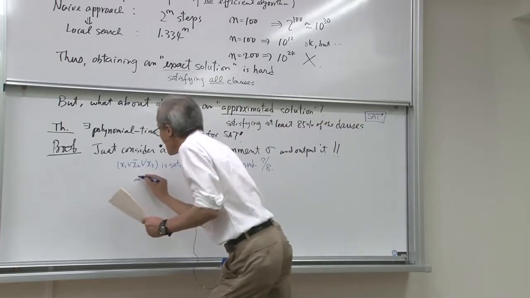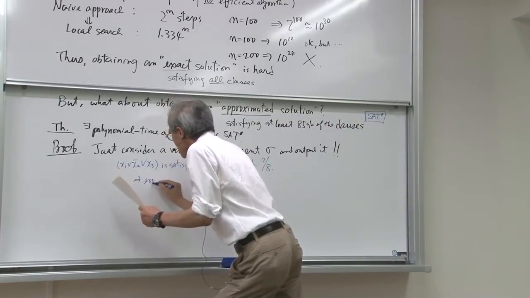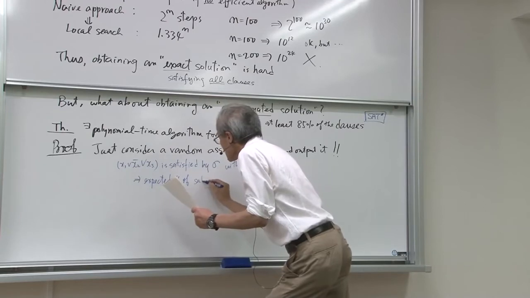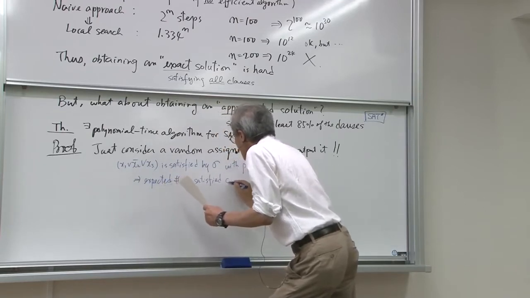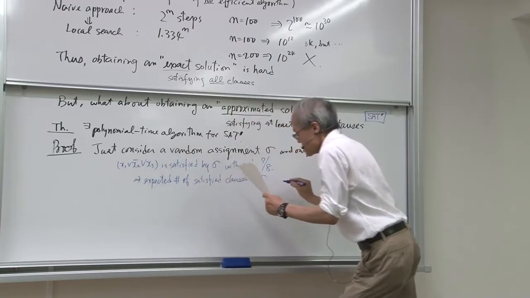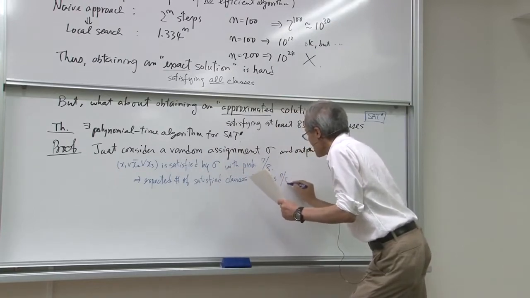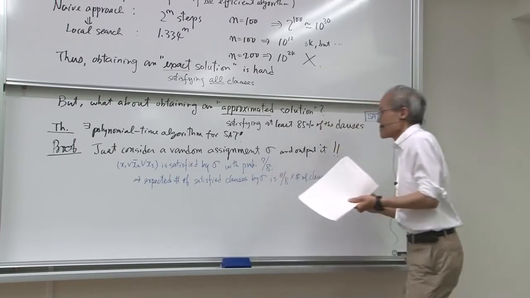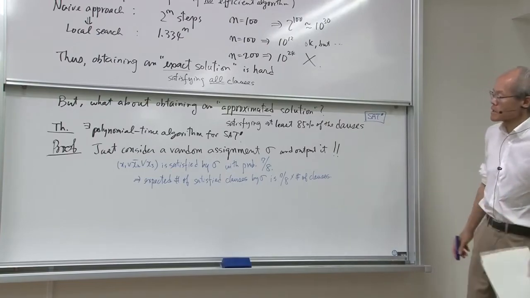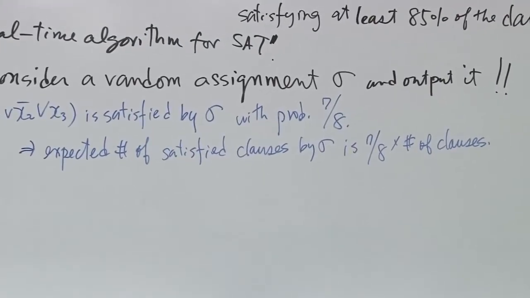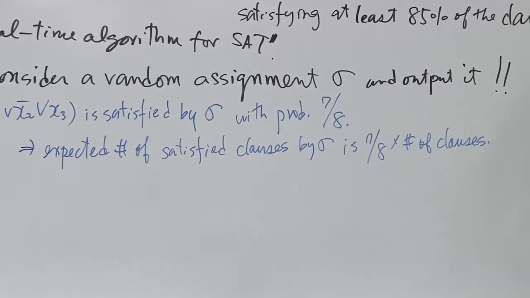That means, of course, the expected number of satisfied clauses by assignment sigma is 7/8 multiplied by the number of clauses.